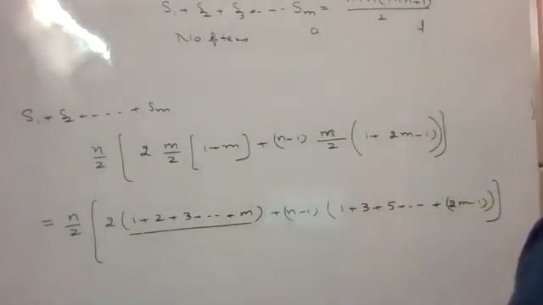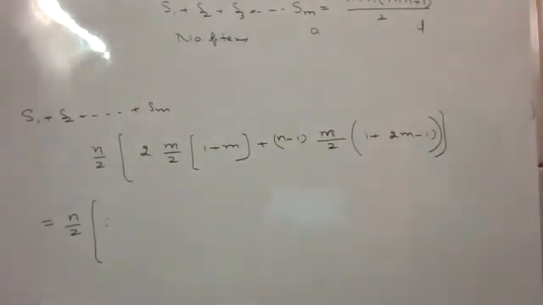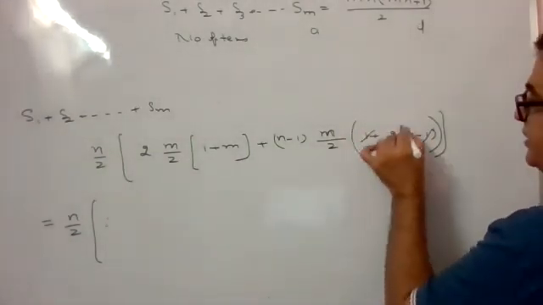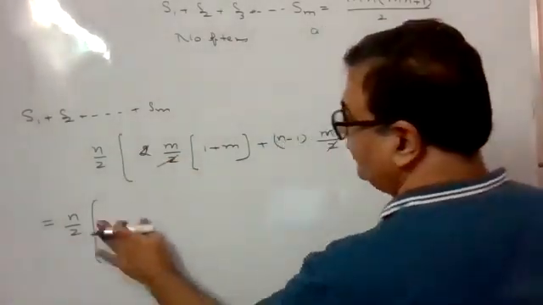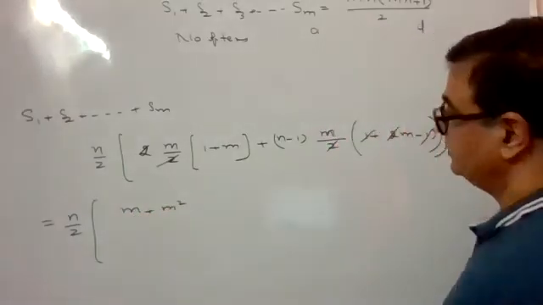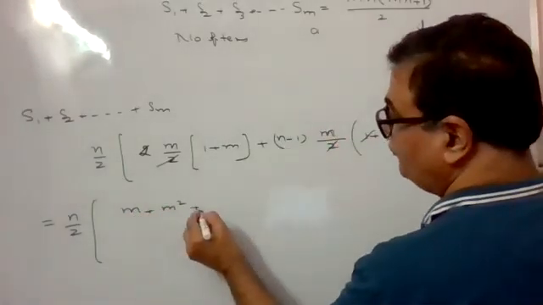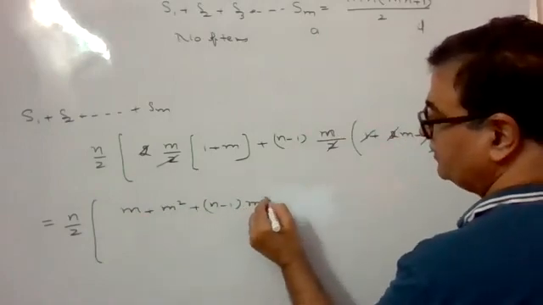Now the only thing is we have to solve it. The 2 gets cancelled out here. This 1 cancels out, then this 2 and 2 cancel out, this 2 and 2 cancel out. Then what will come? m plus m square. Then plus (n minus 1) into m square.